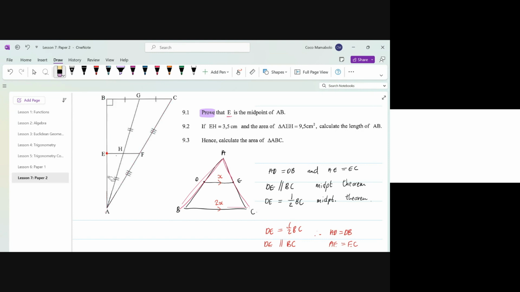I'm hearing somebody's unmuted. Okay, Lutendo says ABG. I think we're going to run into the same problem again, Lutendo, because if I say ABG, that's still not going to help me. I don't know what BE or EA is.